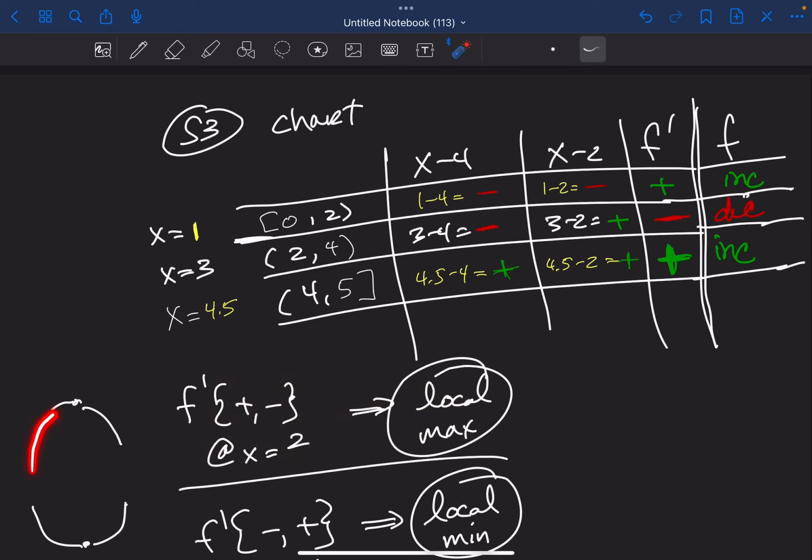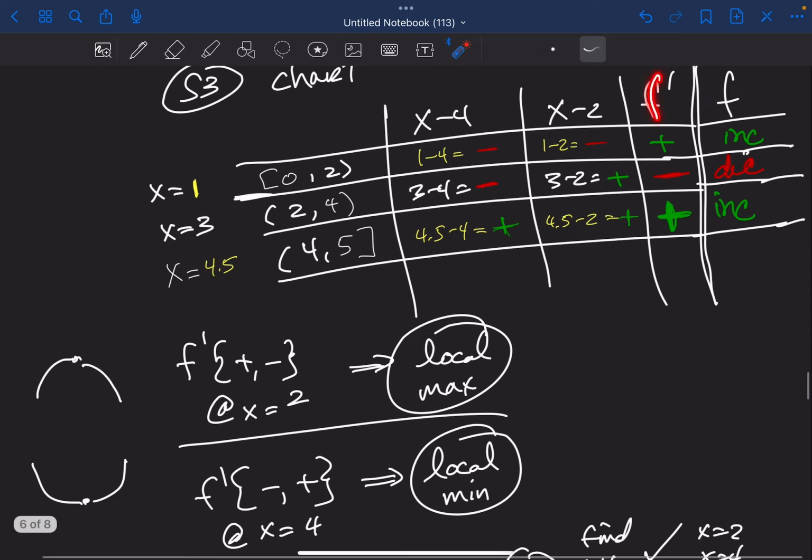Just draw the picture. It goes from increasing to decreasing. That's a local max. Here the derivative changes sign from negative to positive at 4, so I have a local minimum. So I have found the two local extreme values.